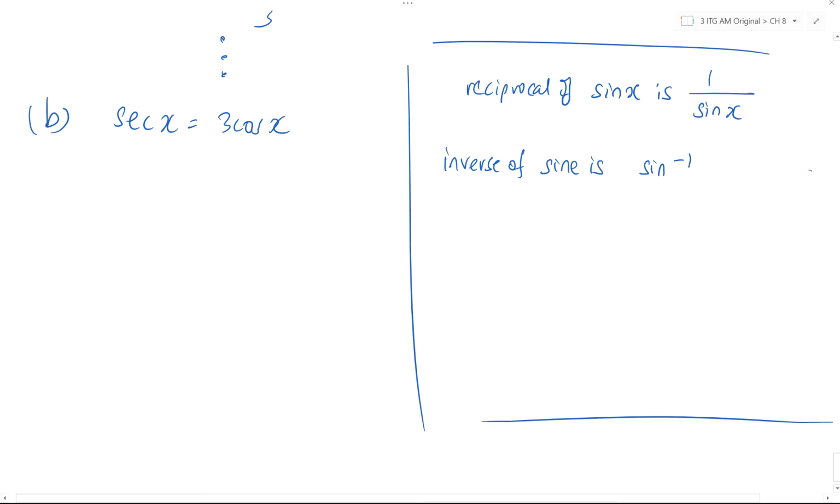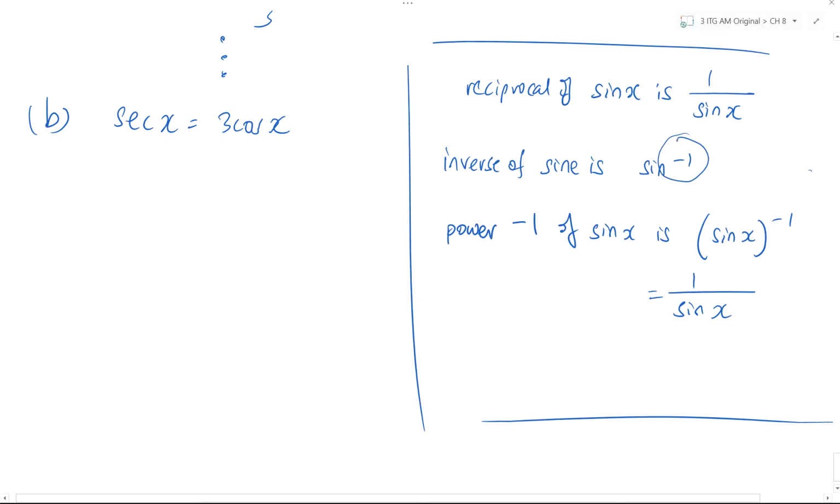Next one, power minus 1 of sine x is sine x power minus 1, which is the same as 1 over sine x. Okay? So take note, all this one over here refers to inverse. It doesn't mean power minus 1. Whereas for the first and the third one, I'm literally dealing with the power.